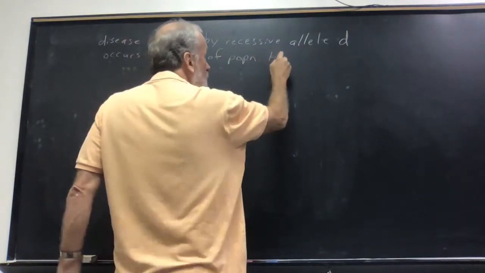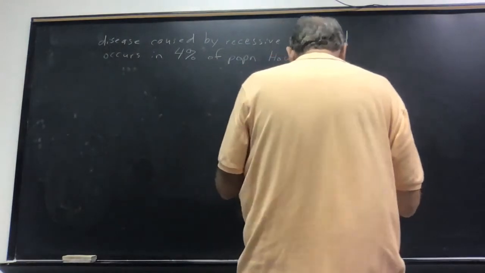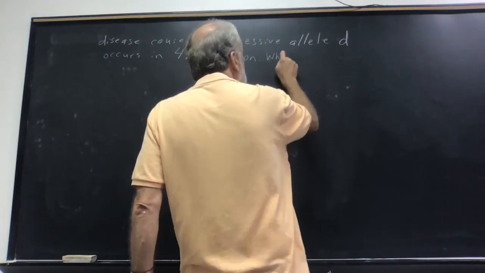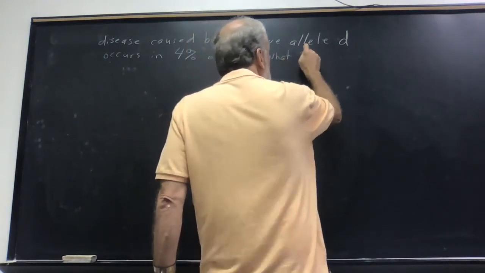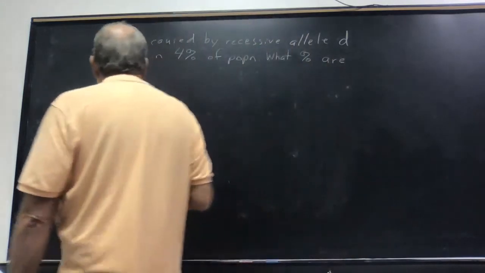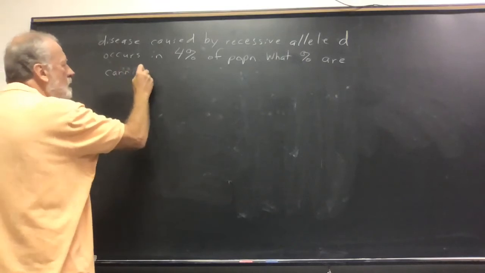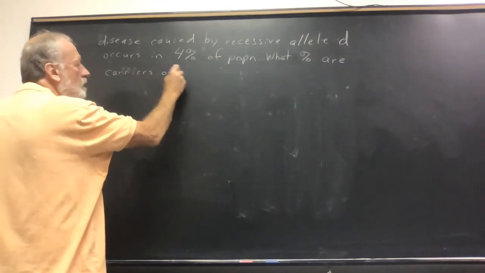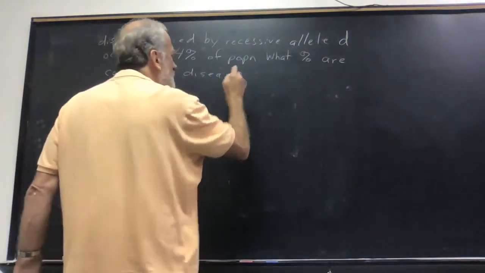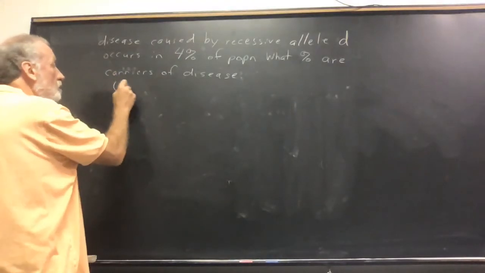And we are asked to figure out, I guess I should say, what percentage of the population are carriers of this disease. Okay, carriers, of course, would be heterozygotes, big D, little d.